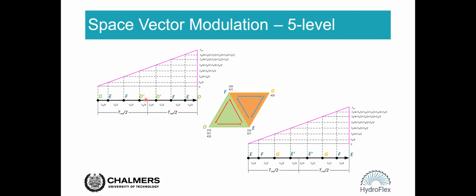The D prime here means it's the same voltage vector as voltage D, but we use another switch combination. So if we start from 2, 1, 0 here, then going back to D prime, we can choose 3, 2, 1, another switch combination.